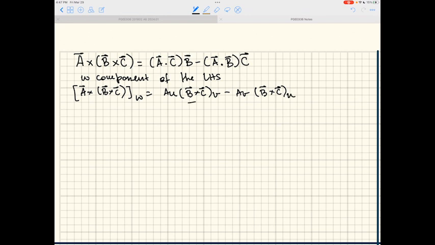Then we expand the B cross C. The V component is BW CU minus BU CW. And the other one is AV times the U component, which is BV CW minus BW CV, okay?